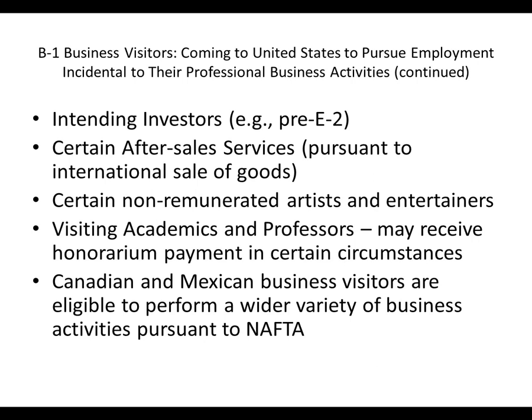This is similar to one of the types of additional business activities that are permitted under the wider umbrella of the NAFTA, the North American Free Trade Agreement business visitor category for Canadians and Mexicans, which I'll get to in just a second. But it's interesting to note that those types of things, maybe performing after-sales services or a training pursuant to the sale of perhaps heavy manufacturing equipment or machinery specific to that contract.